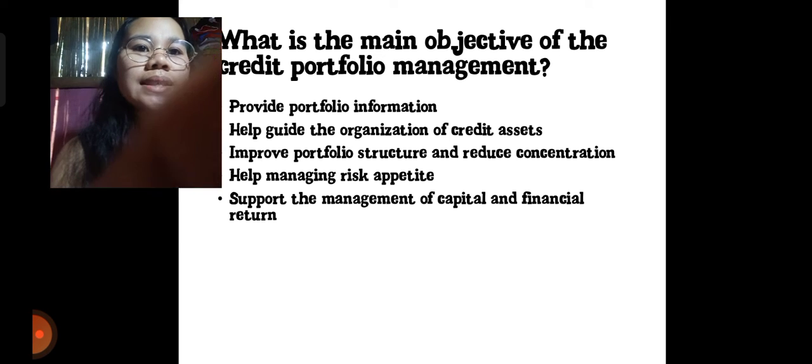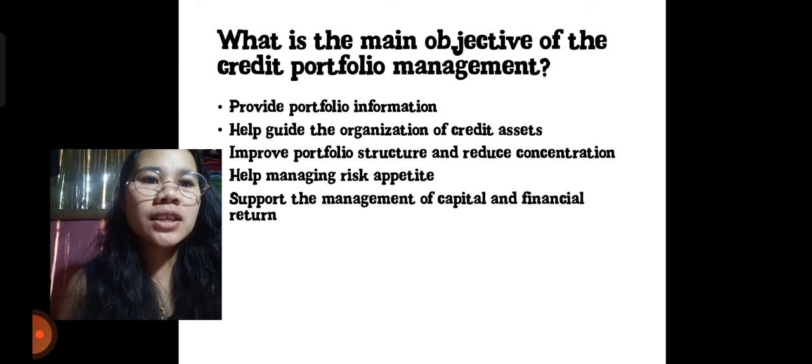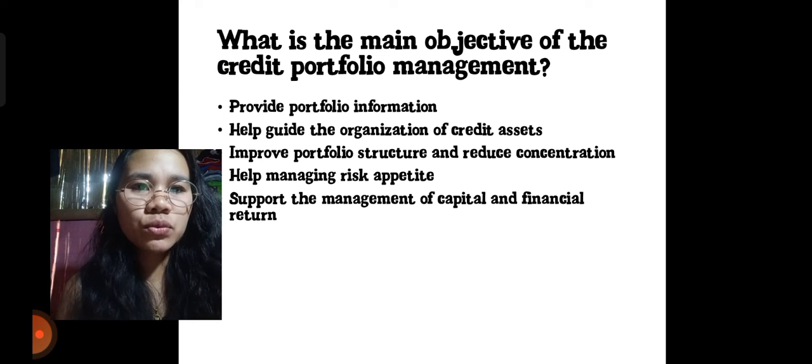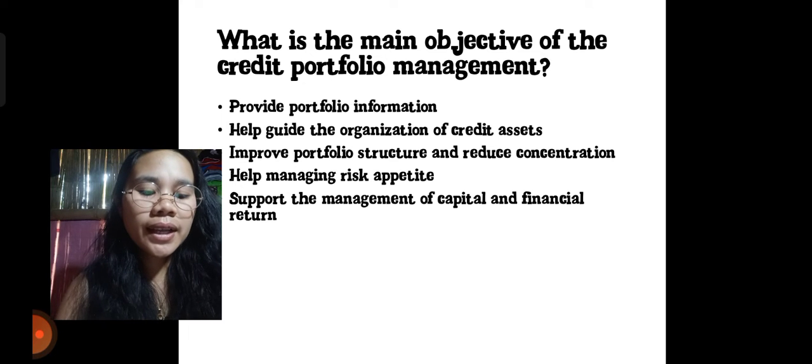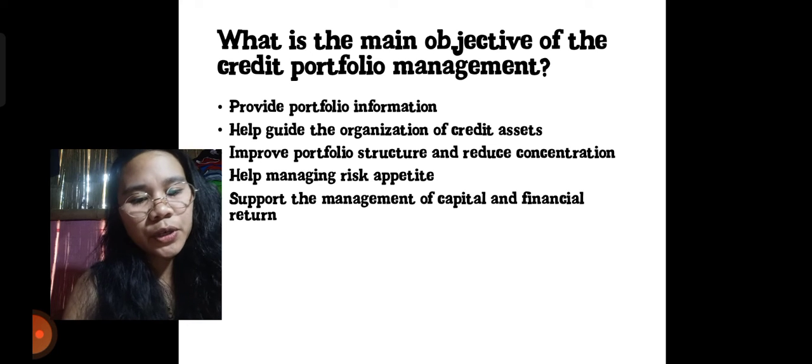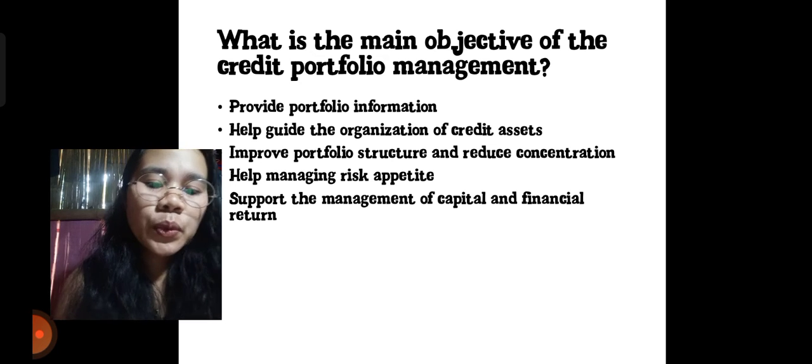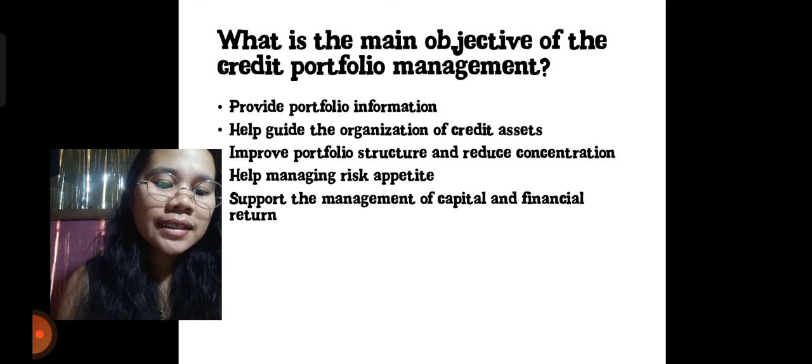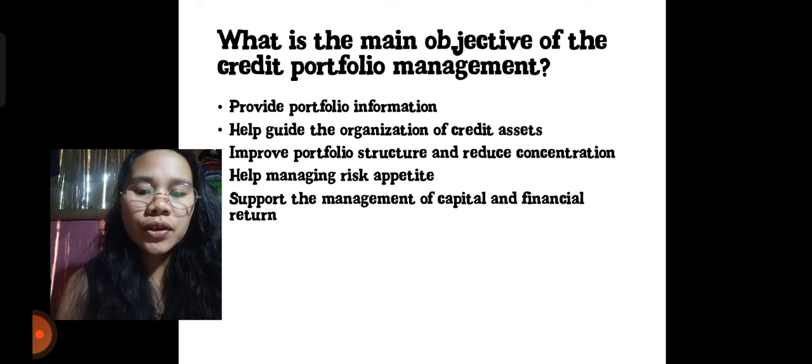So what is the main objective of credit portfolio management? Number one is to provide portfolio information. So it will help to assess the current state of the portfolio.